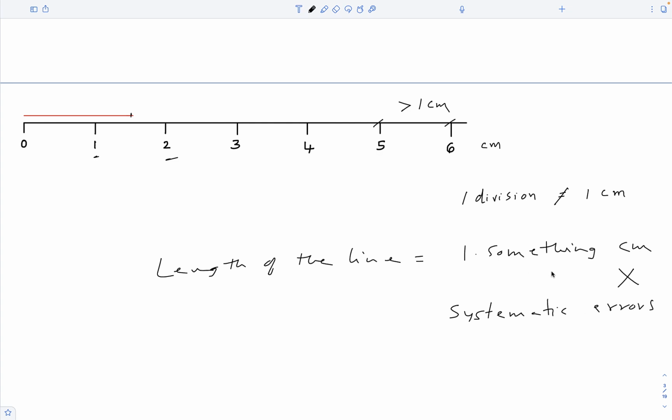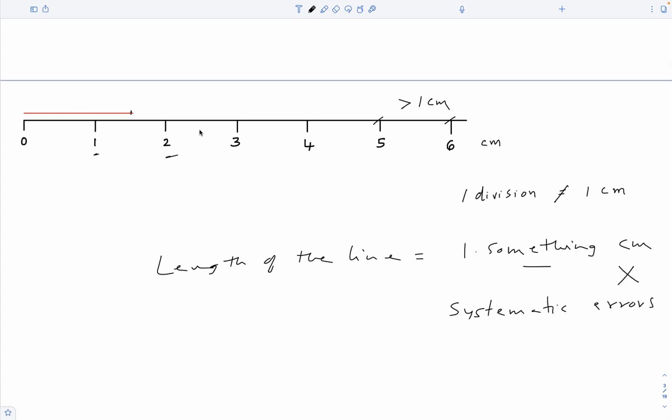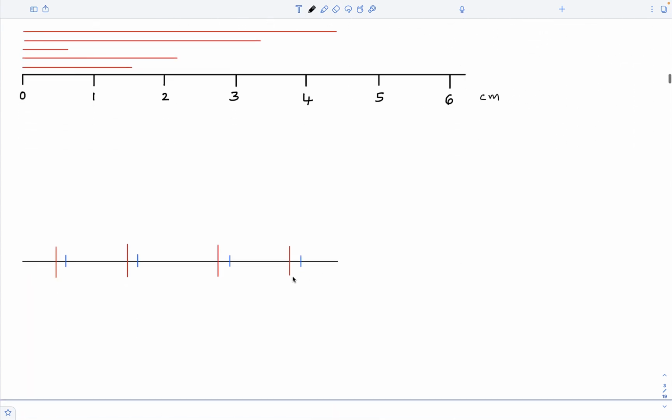But in this case, the measured length is smaller than the actual length of the line. And every length we measure using this scale will be smaller than its true value. So they would all fall to the left of their actual values. So these are also unidirectional.